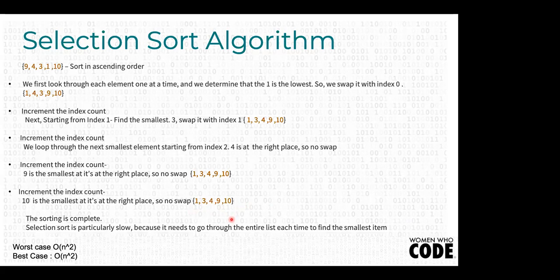So selection sort is slow, and the complexity is O of n square, because you have two for loops, one to go over the index and one to find the smallest element each time. So the worst case is going to be O of n square.